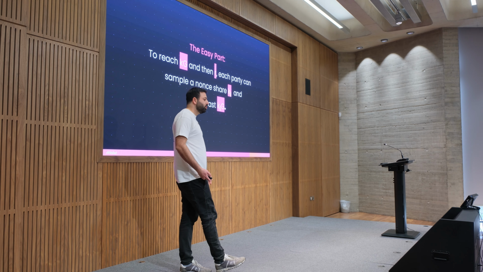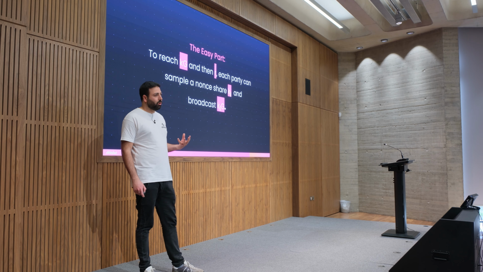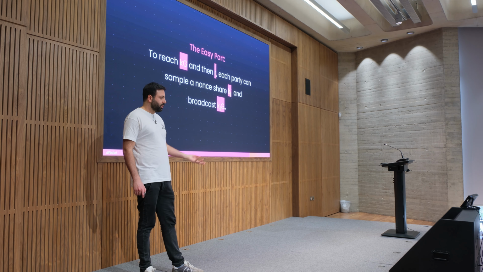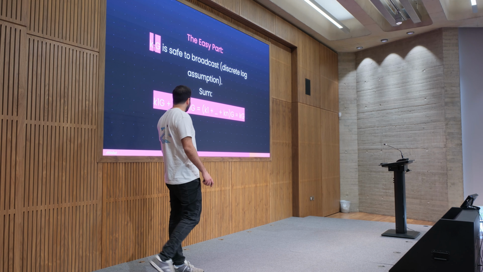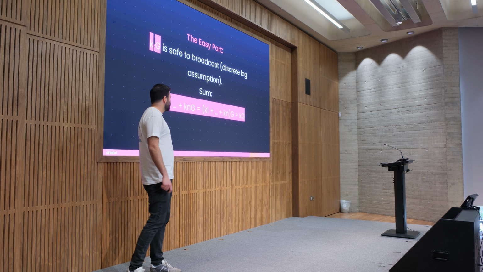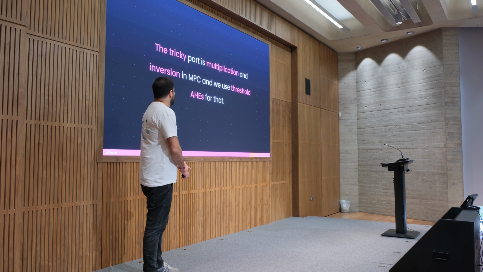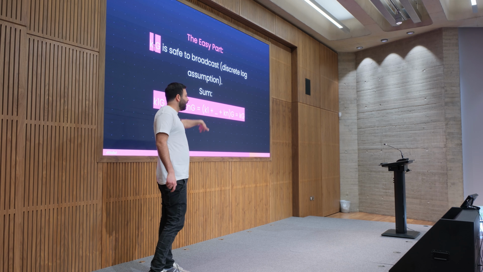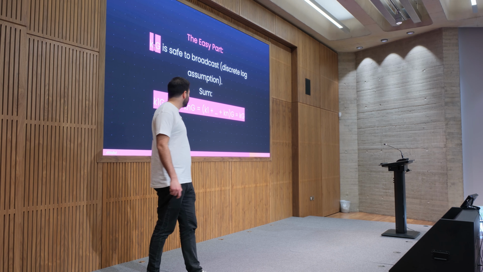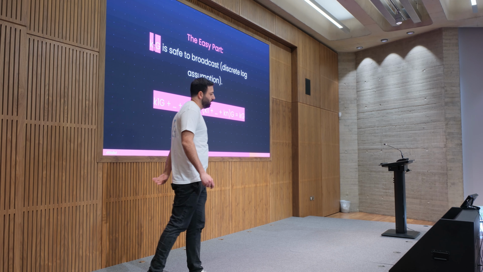So what you can do is each party can just sample their nonce share, and they publish their nonce share times G, so that's Ki times G. And you can sum everything up to get K times G. That's very easy. By the way, the idea is that you cannot reach from K times G to K because of the discrete log assumption, so you can broadcast all of these things.